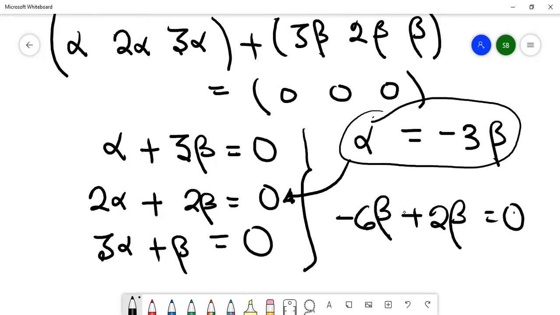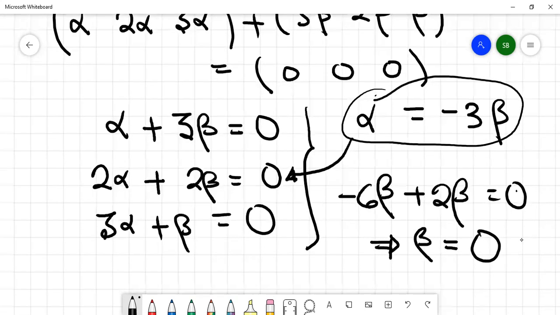If you simplify this, it obviously gives us beta equal to 0.